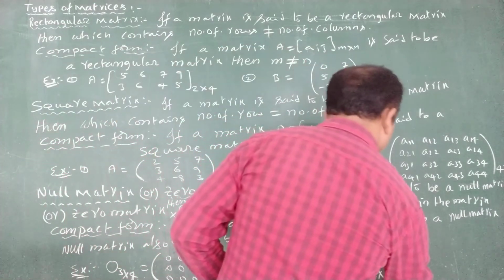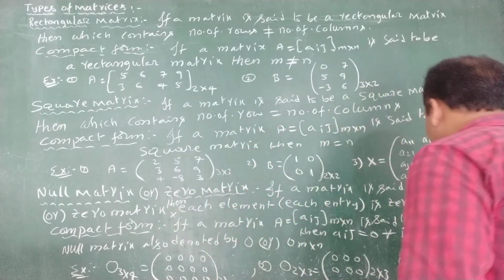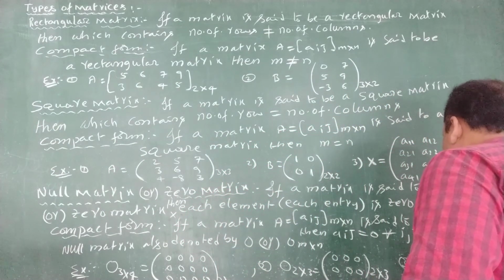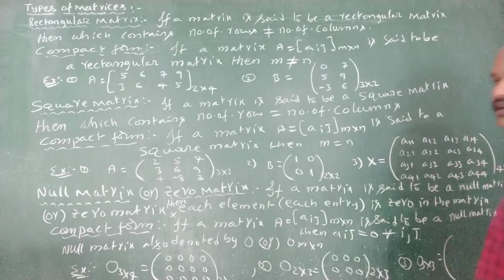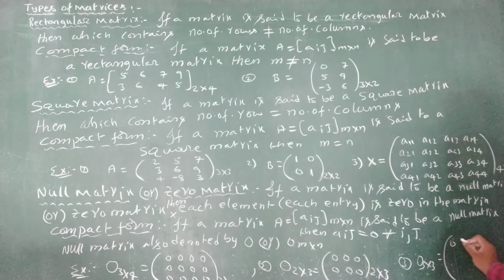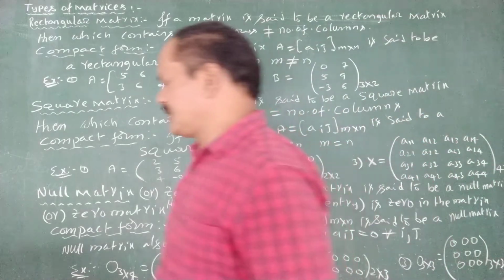And another example: O 3 by 3, which contains 3 rows and 3 columns, all entries 0. That's why this is a 3 by 3 matrix.